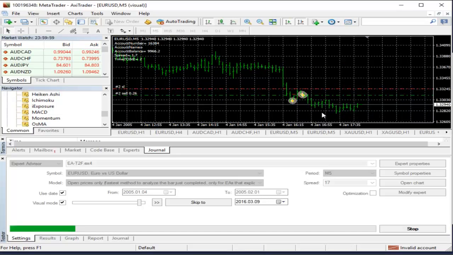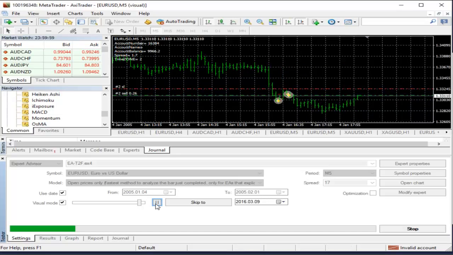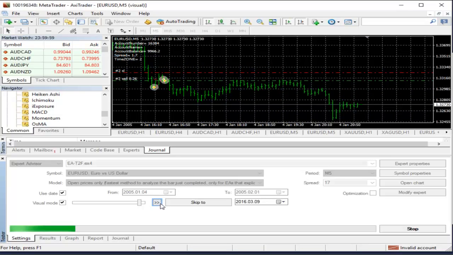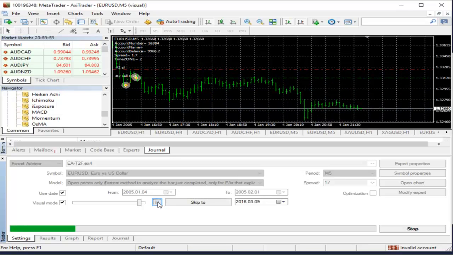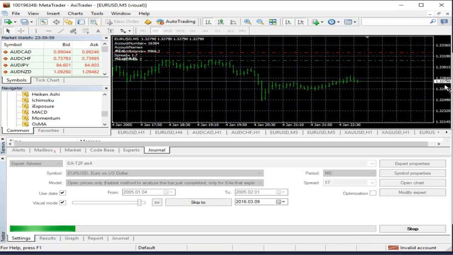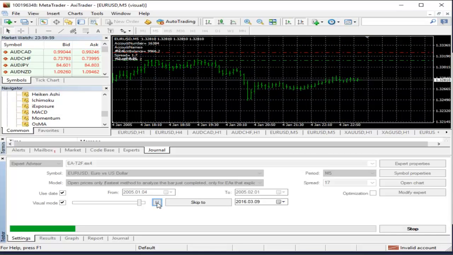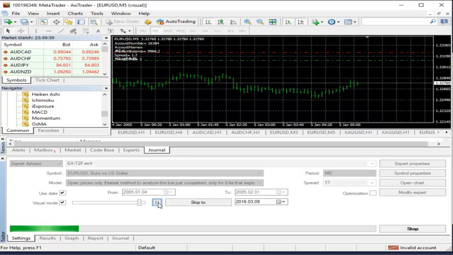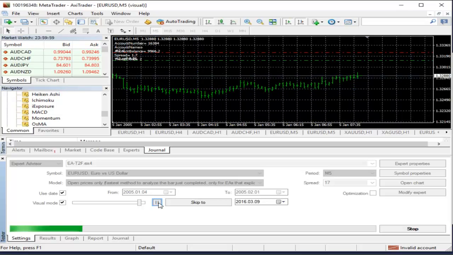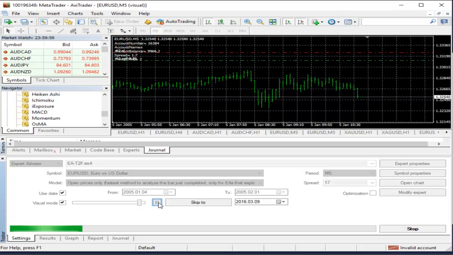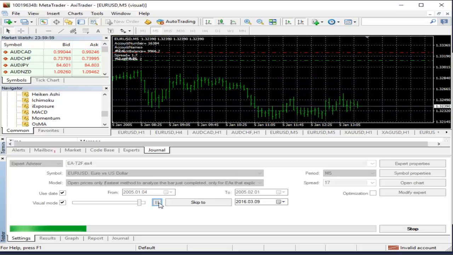Okay, and if we are lucky, it's moving already in our favor. The trade stop loss is still not moved, and sooner or later it will start to move the stop loss by itself. There it went.